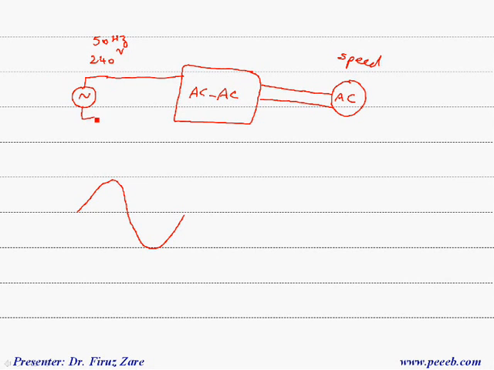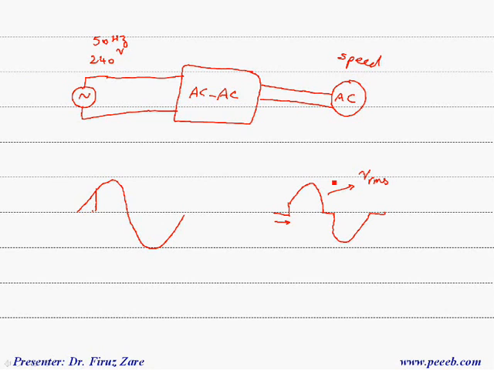In this case, we can control the firing angle and then we can generate this voltage. By controlling the firing angle, we can control the output voltage.